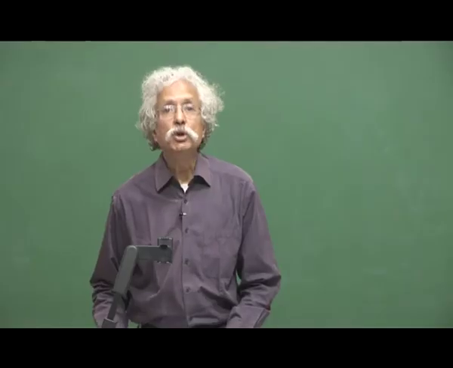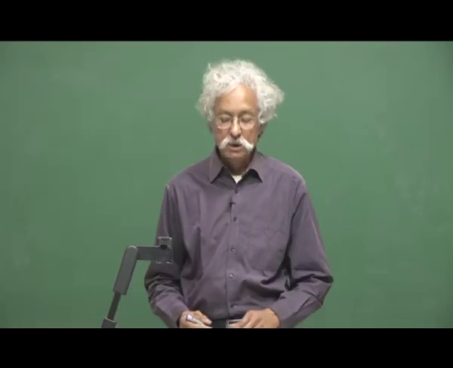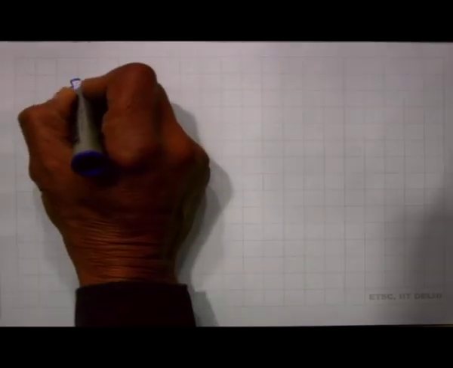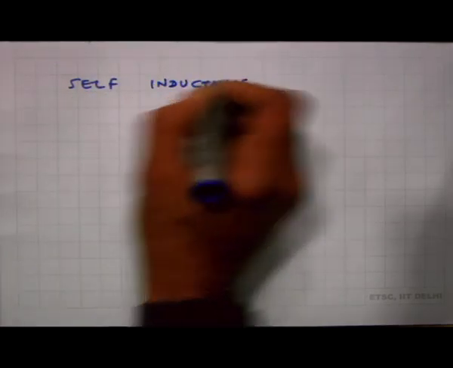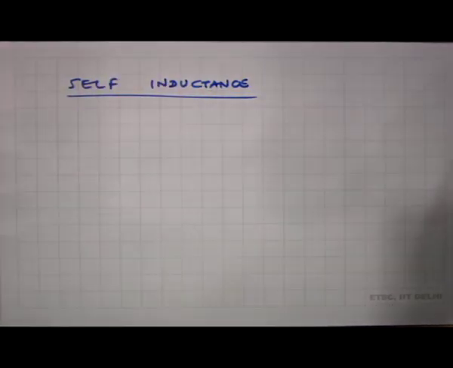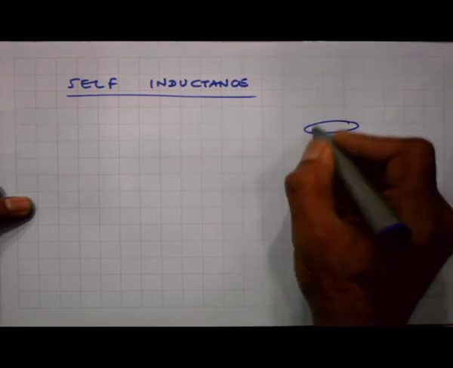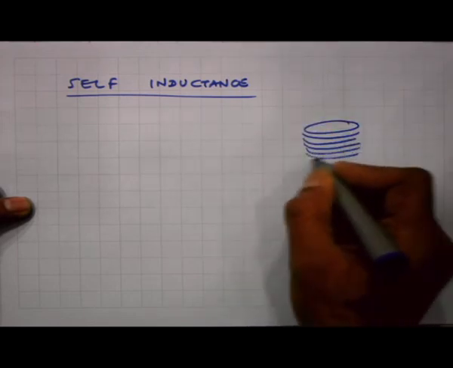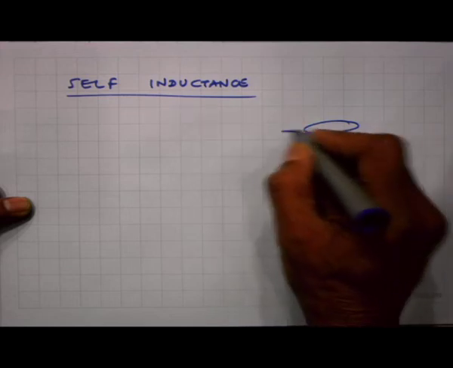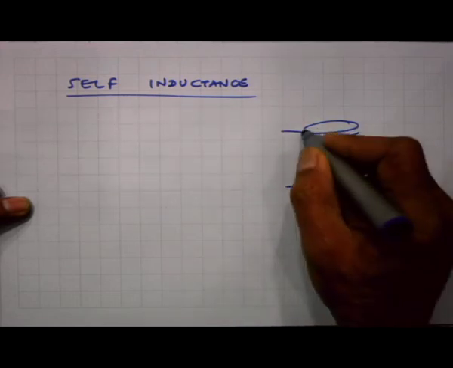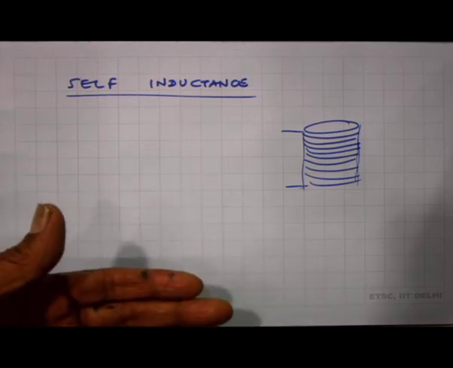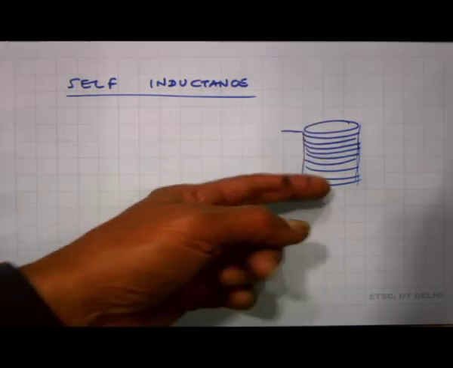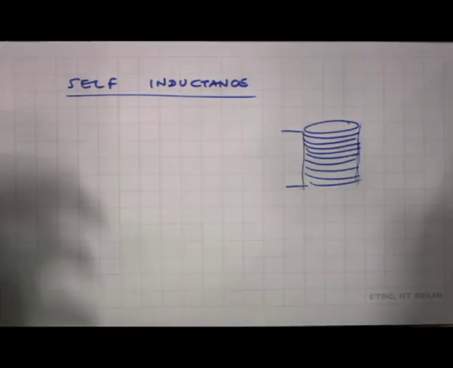Now, having seen mutual inductance, we see that there is another important concept which is also called self-inductance. So, let me again take a long solenoid, and I pass a current through the solenoid. Now, when I pass a current through the solenoid, there is a magnetic field generated by the solenoid, and for example, these loops are also encircling those magnetic fields.